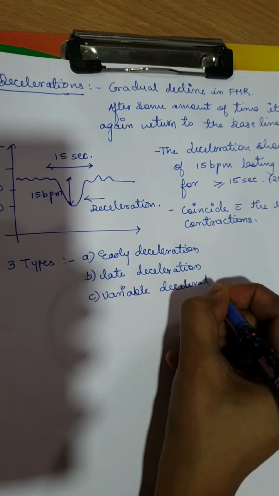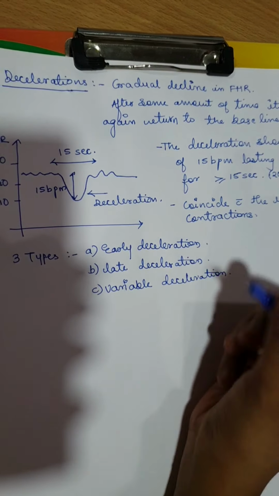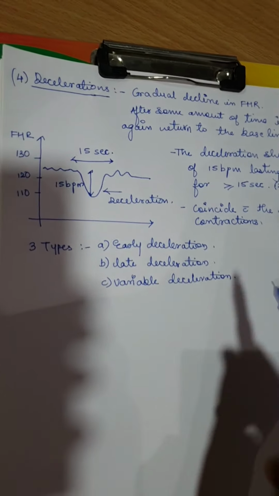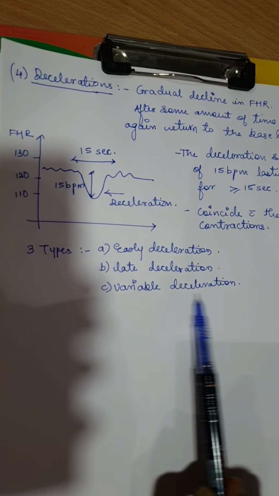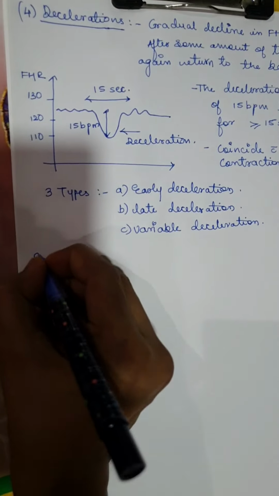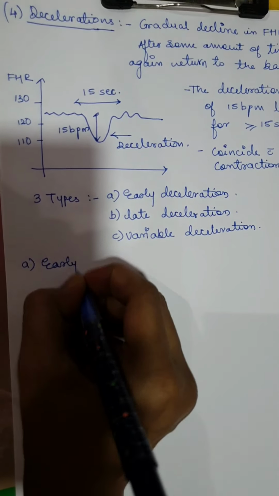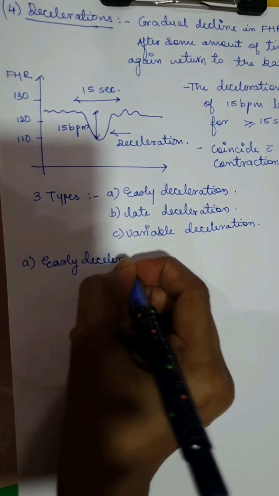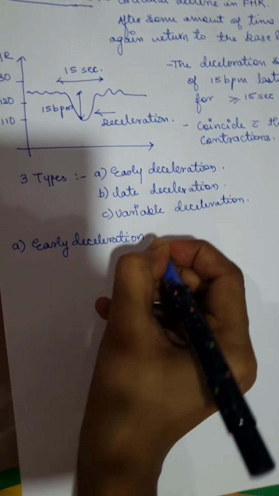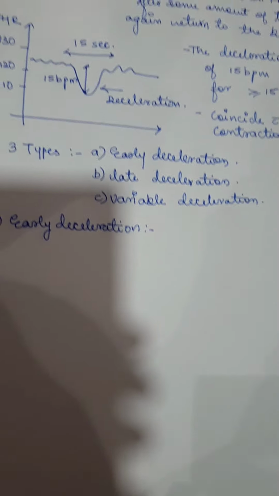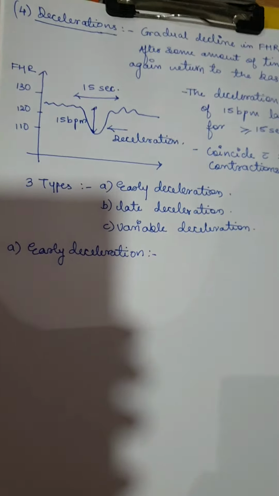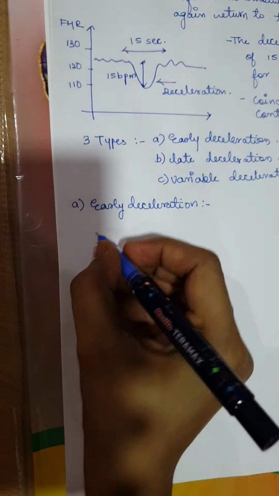How does the fetal heart rate respond to the uterine contractions? It is signified by early, late and variable deceleration. First we'll see the early deceleration. Now what is early deceleration? We'll see it through a diagrammatic representation.